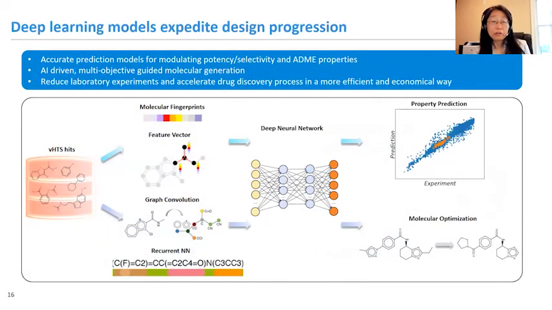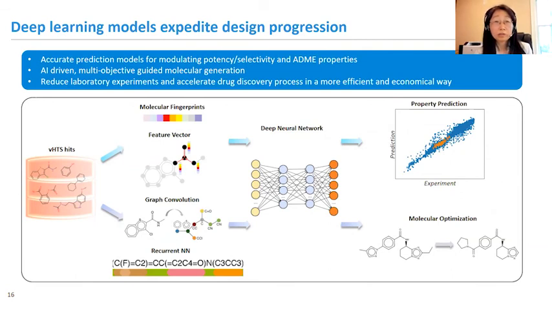A step further from generating our virtual screening hits is converting those hits to leads and optimizing their properties for candidate selection. So in that space, we also have a number of machine learning based algorithms to help us accomplish those tasks in efficient and effective manners.